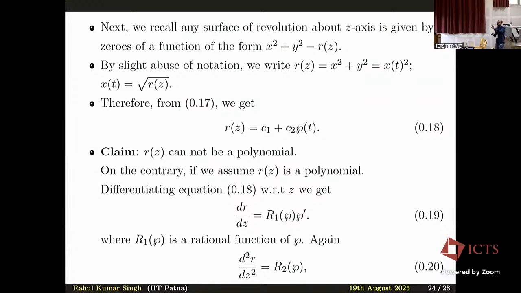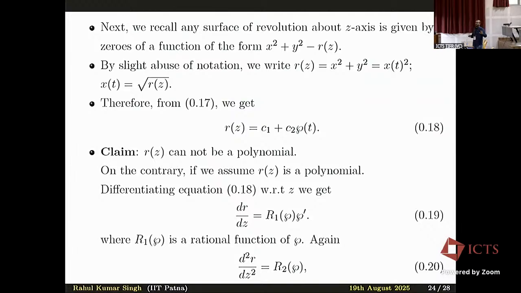When you differentiate this with respect to z and take the first derivative, this is what you see: R1 of p times p prime. What is R1 of p? It's just a rational expression in p, and then you have this p prime. And when you take one more derivative, you will simply have this rational function of p.